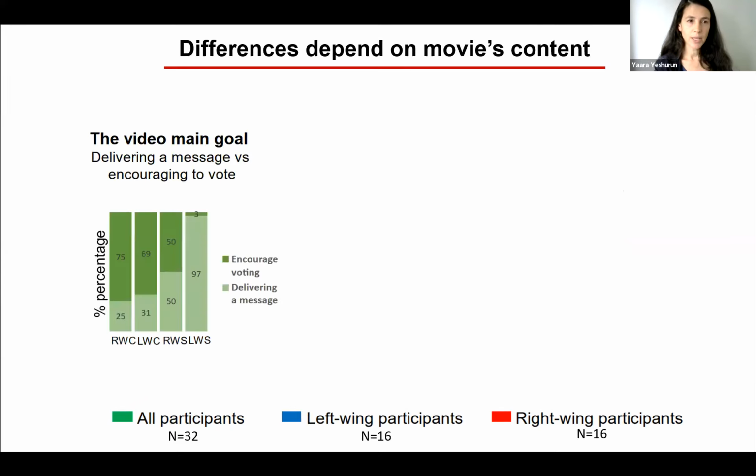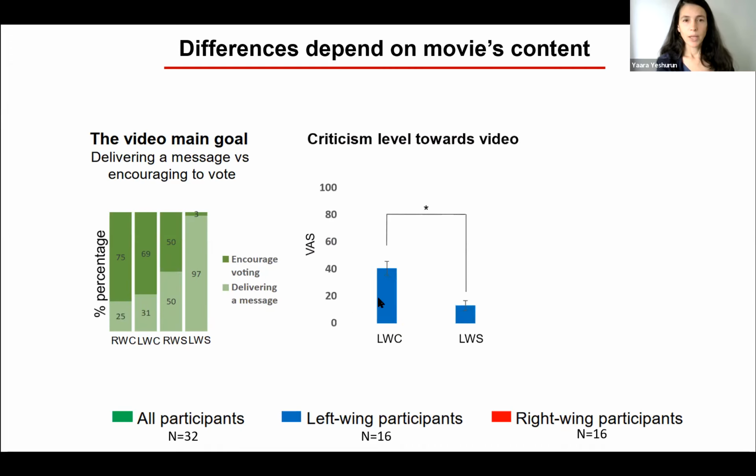And we saw that for the right-wing campaign ad, the left-wing campaign ad, and the right-wing speech, the main goal was to encourage people to vote. For the left-wing speech, 97% of the participants thought that the main message was to deliver a message.